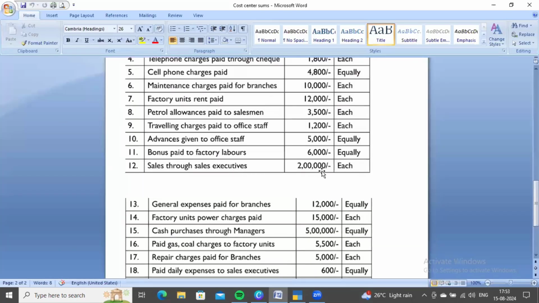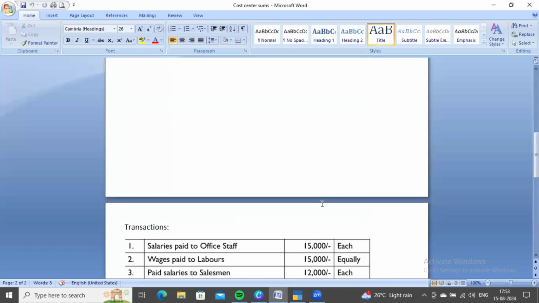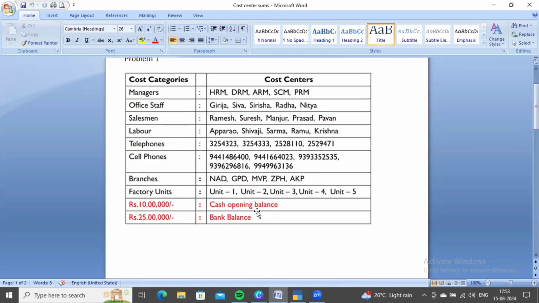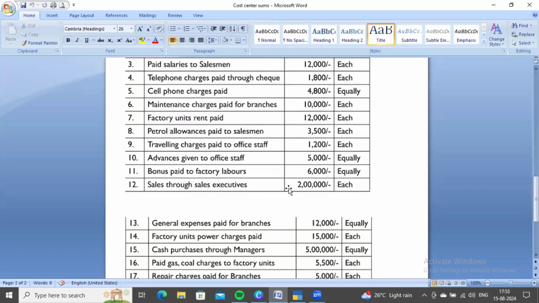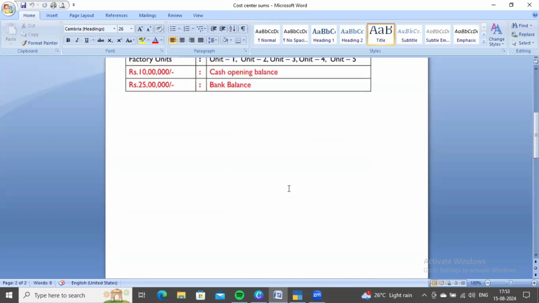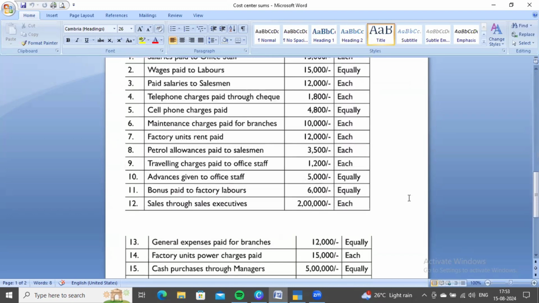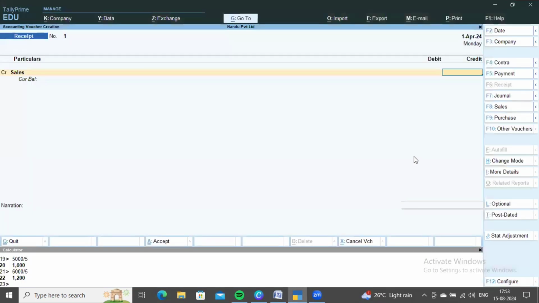And the amount is 2 lakhs each. So how many cost centers are there under sales category? Right, sales executive is nothing but salesman. Here salesman 5 members. Means 2 lakhs each. 2 lakhs into 5, nothing but 10 lakhs, right?